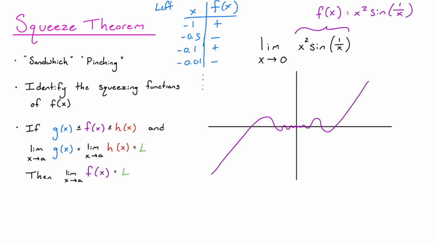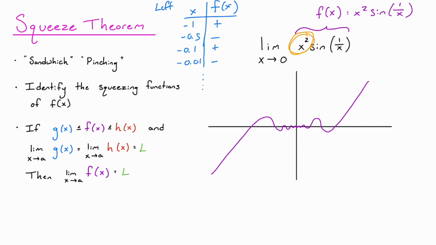So what we have to do here is use the squeeze theorem, which is finding two functions that we can actually fit this purple graph in between. What I mean by that is we need to use this function to find two other functions inside of it. And the way that we do that is we look at what's being multiplied here. So we've got x squared being multiplied here.